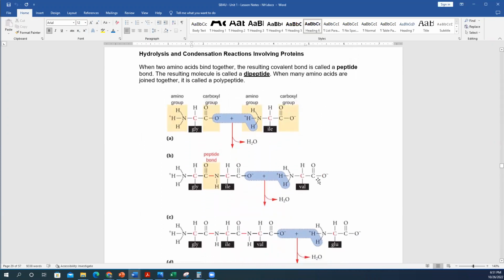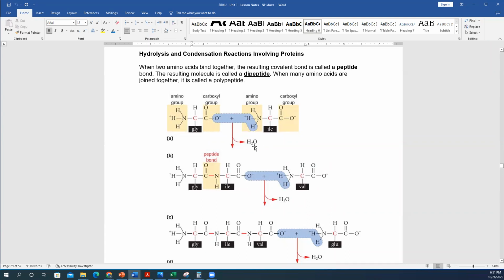So we've already talked about hydrolysis and condensation reactions, but it's also important to relate those reactions to the formation of proteins, where you have two single amino acids forming a bond together, this peptide bond.